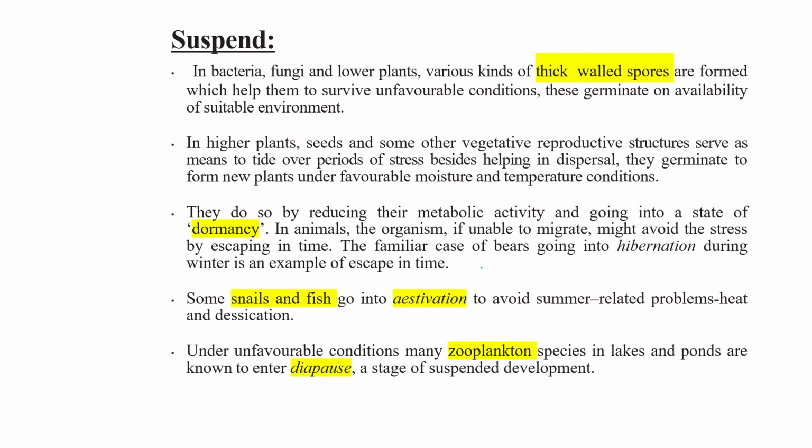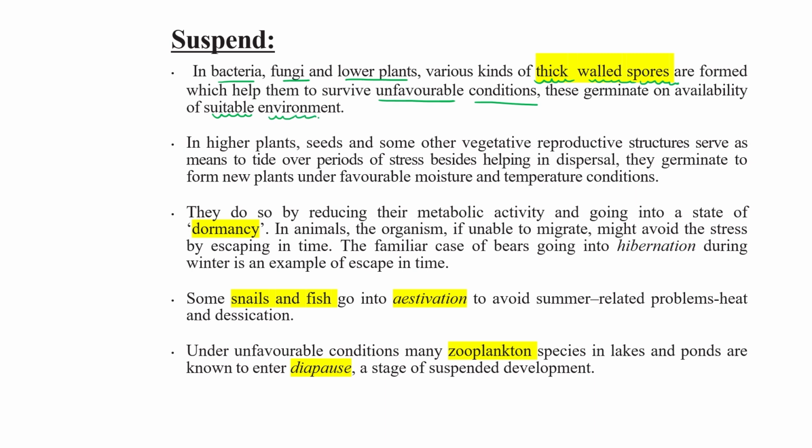Okay. Next is suspend, in bacteria, fungi, and lower plants. In bacteria, fungi, and lower plants, various kinds of thick-walled spores are formed, which help them to survive under unfavorable conditions. These germinate on availability of suitable environments.